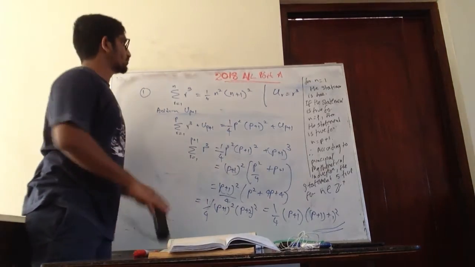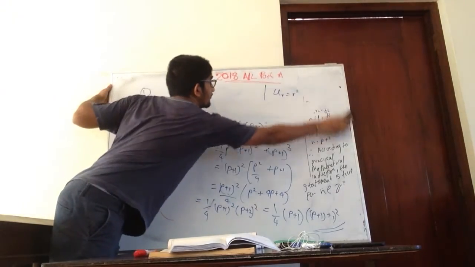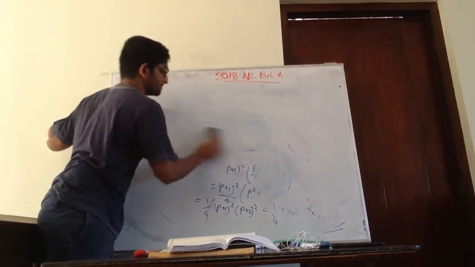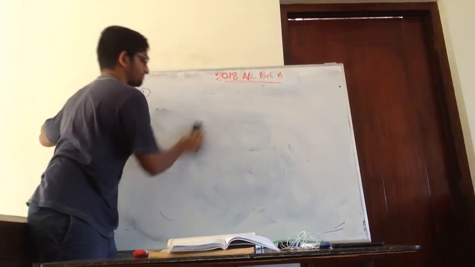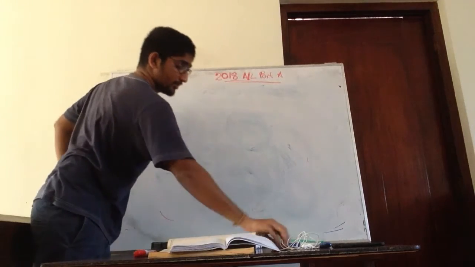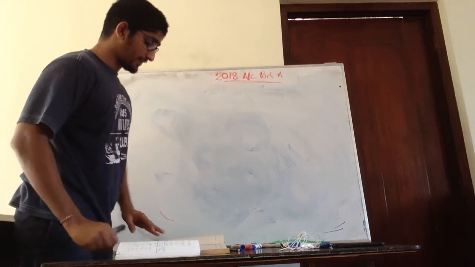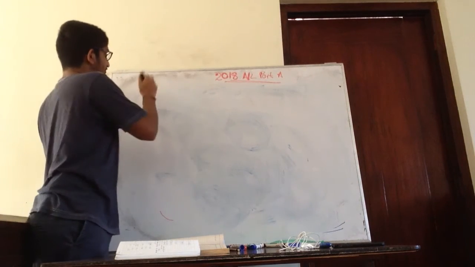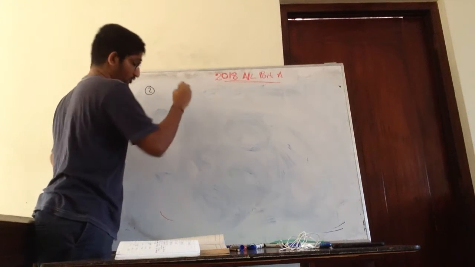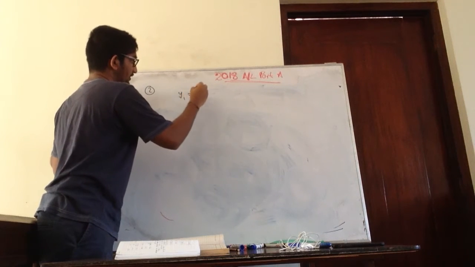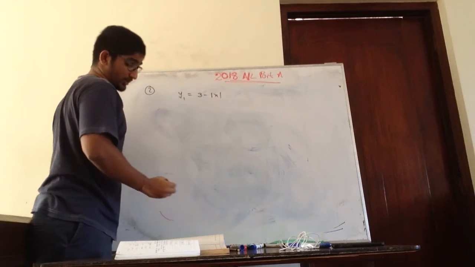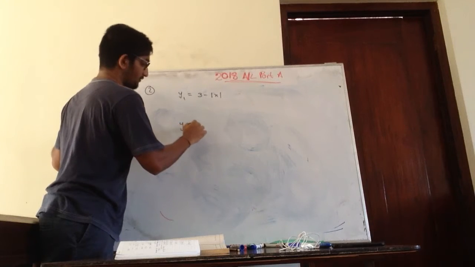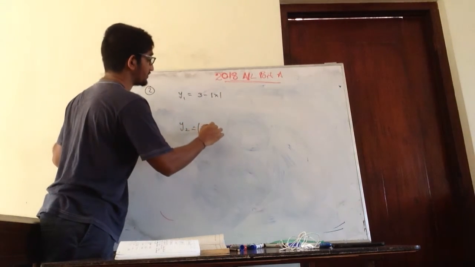Right, so question number 2. In question number 2, they have given some modulus diagrams to draw. So I'm going to take one as y1 equals 3 minus modulus x, and the other as y2 equals modulus x minus 1.